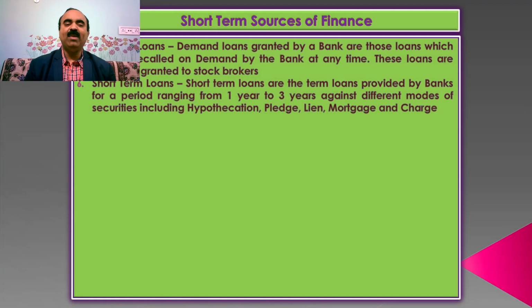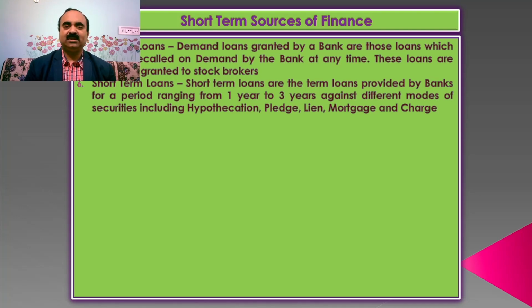5. Demand loans. Demand loans granted by a bank are those loans which can be recalled on demand by the bank at any time. These loans are generally granted to stockbrokers. 6.